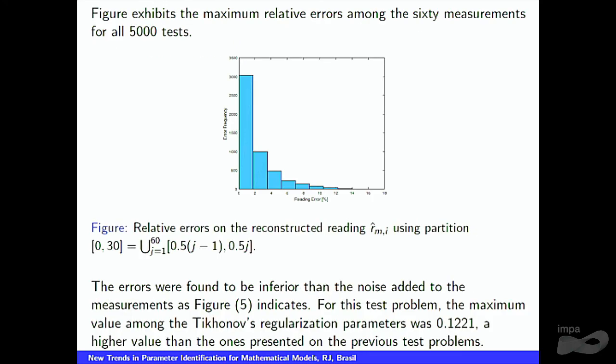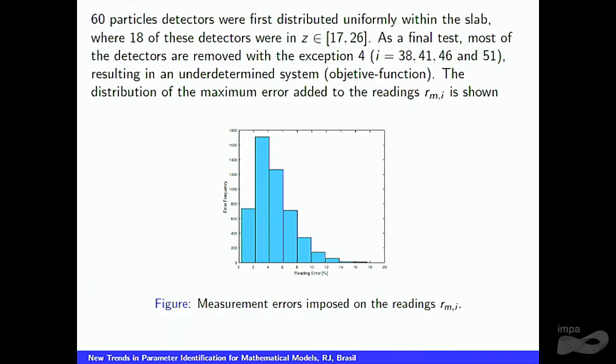We actually use different partitions here. But in general, for example, we use 60 measurements. I go a little bit ahead. For example, we consider the case where you have the detectors more concentrated in some region. We also consider the case where we don't have the same number of detectors as the partitions that you have defined for the domain.